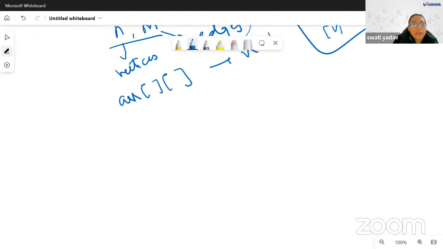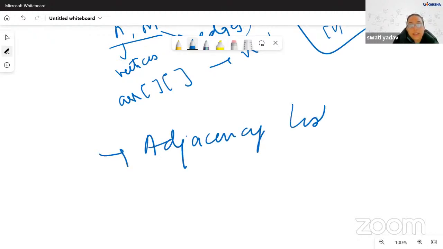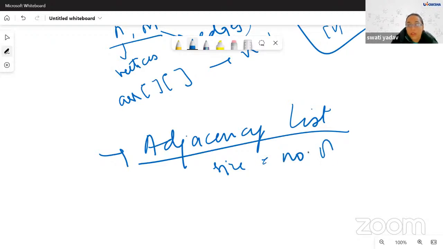The next kind of representation that you have is the adjacency list. So an array of lists is used over here to implement an adjacency list. The size of the array over here will be equal to the number of vertices. Okay.